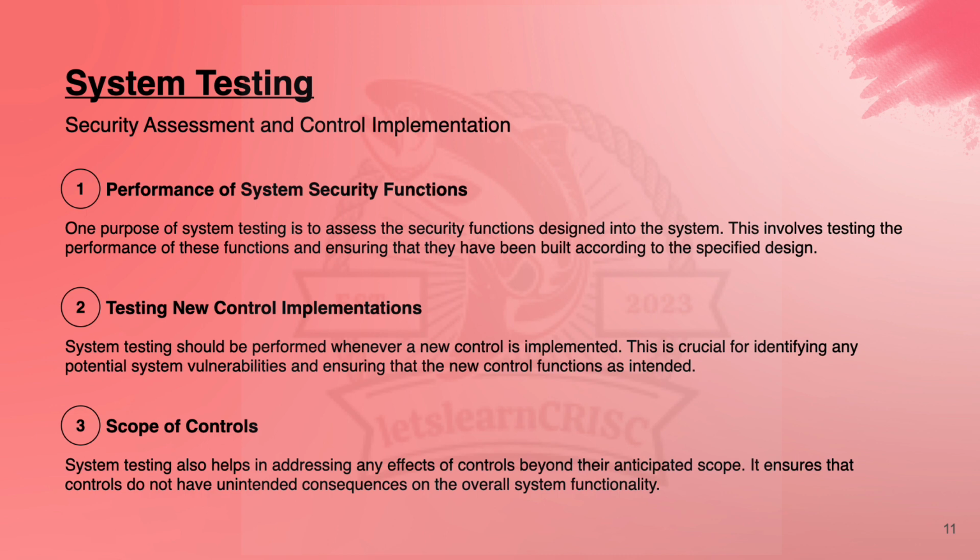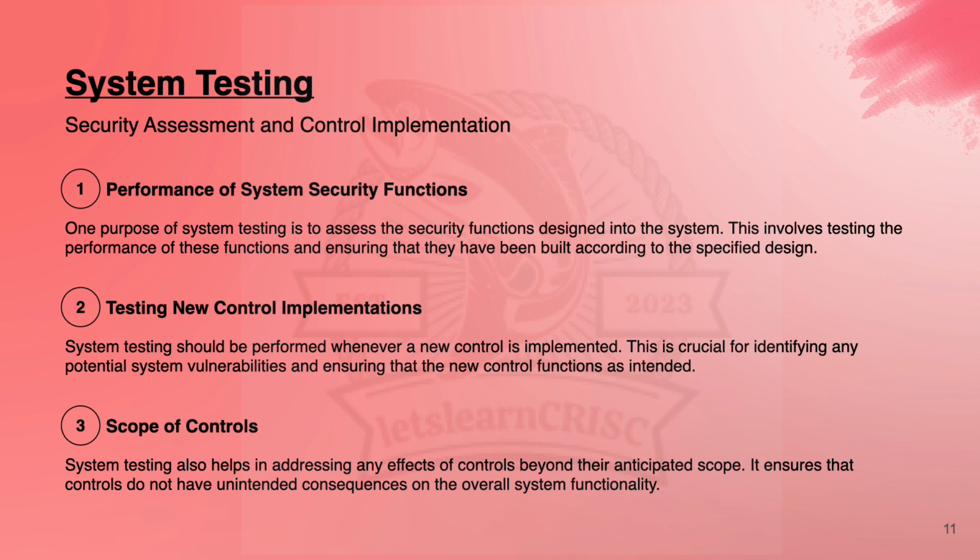Friends, it ensures that controls do not have unintended consequences on the overall system functionality. By identifying unintended consequences during system testing, organizations can proactively mitigate these issues before controls are fully deployed in the production environment.